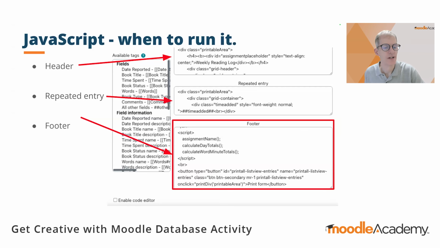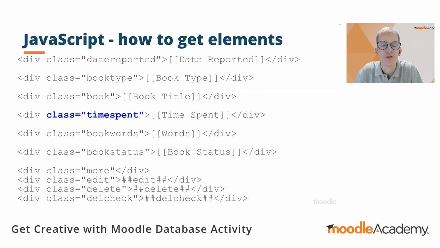So my example screen here shows some JavaScript in the footer. JavaScript can make use of the same identifiers that CSS makes use of. And for this example, I'll focus on time spent. Time spent is the number of minutes a student spent reading a book for our weekly reading log.